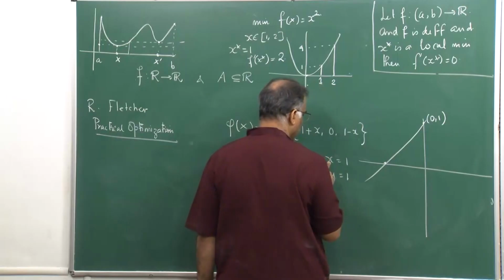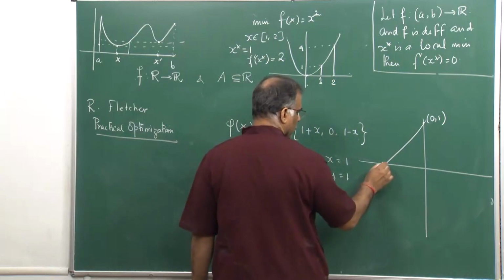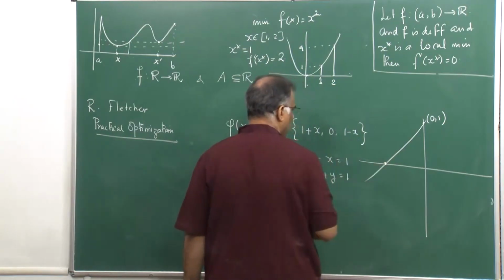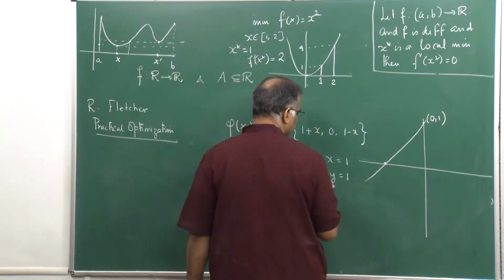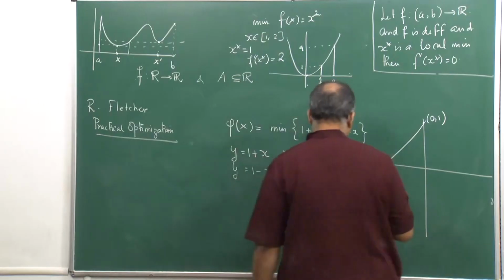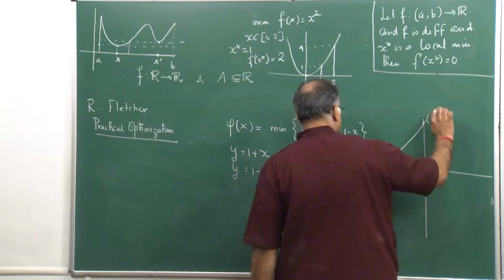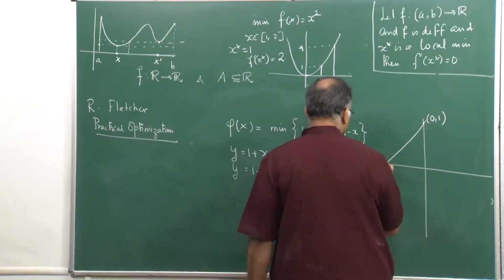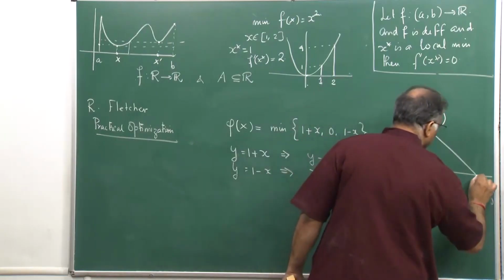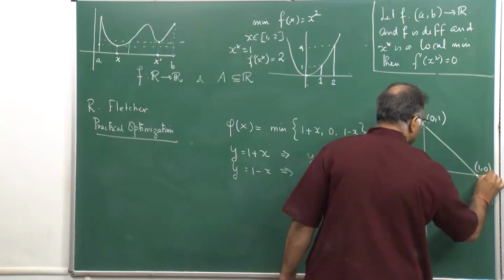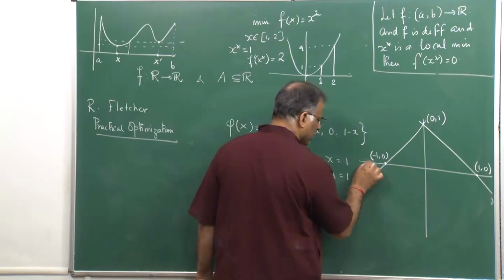For example, when y is 0 here, in this case x is 1, and when y is 0 here, x is minus 1. So this represents the line y minus x equal to 1. So minus 1, 0, and then this goes through 1, 0, and this is my x equal to 0. So take any point here.